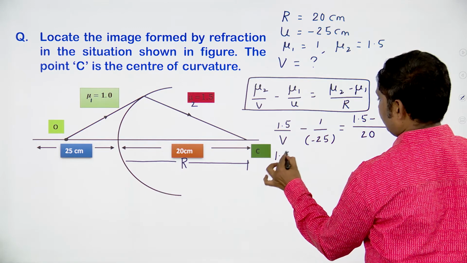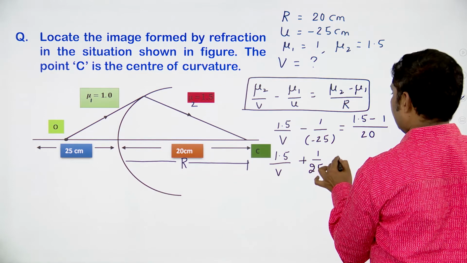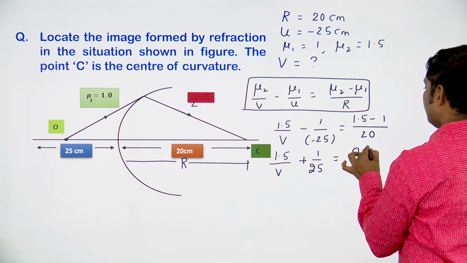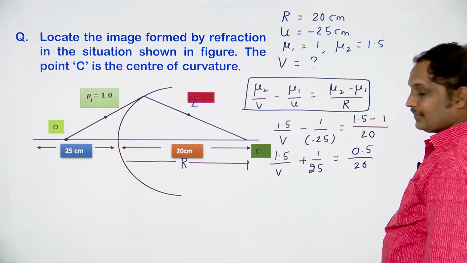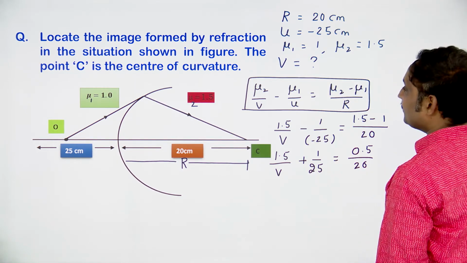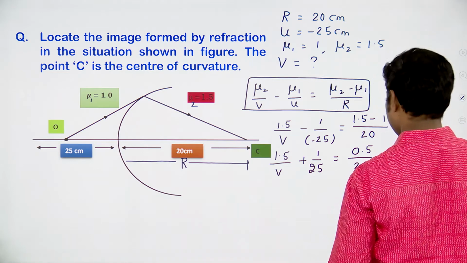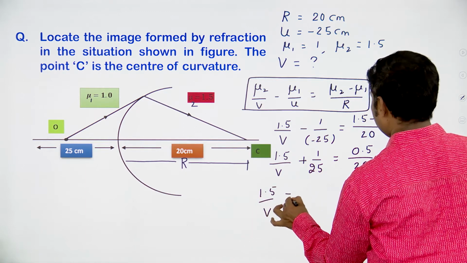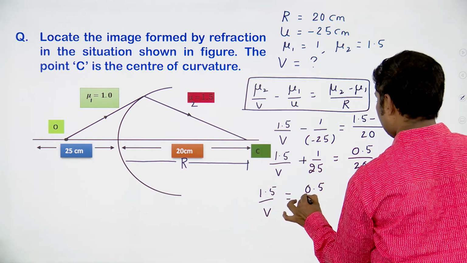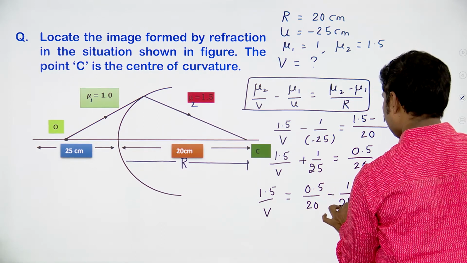Therefore 1.5 by V plus 1 by 25 is equal to 0.5 by 20. Now we would like to go for that. 1.5 by V is equal to 0.5 by 20 minus 1 by 25.